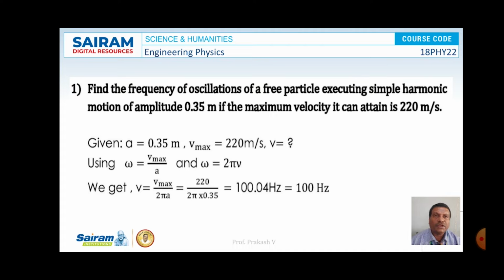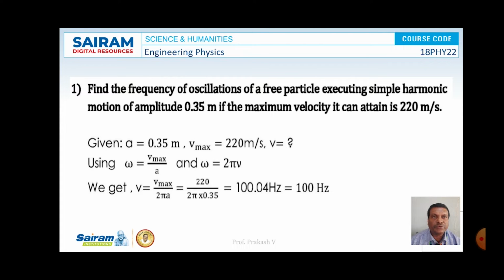So we know that omega is equal to V max by A, and omega is further equal to 2 pi mu. Therefore frequency mu is given by V max by 2 pi A. Here A is the amplitude and V max is the maximum velocity, that is 220 meter per second.